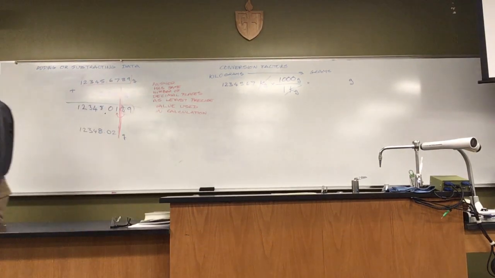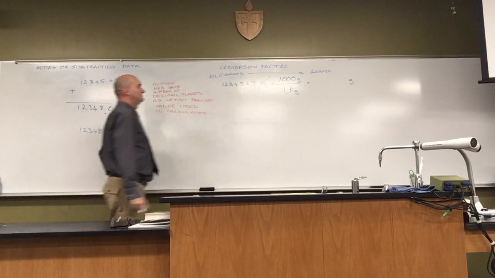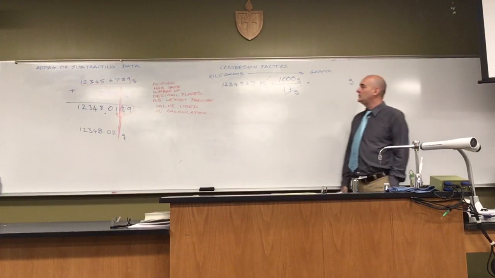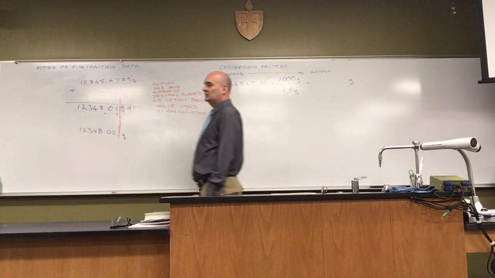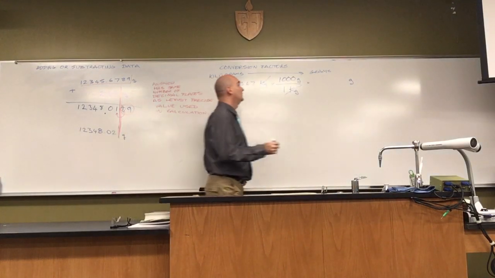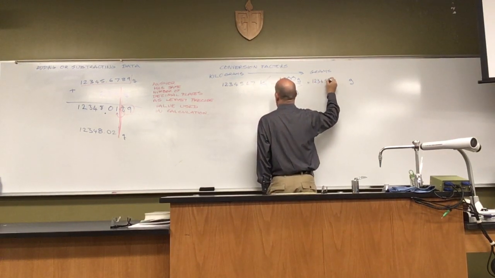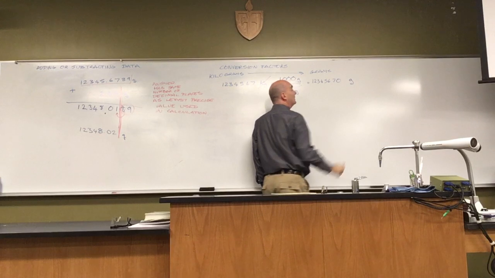Put it in your calculator. So you get 1, 2, 3, 4, 5.67 times 1,000, and your answer comes out as 1, 2, 3, 4, 5, 6, 7, 0.